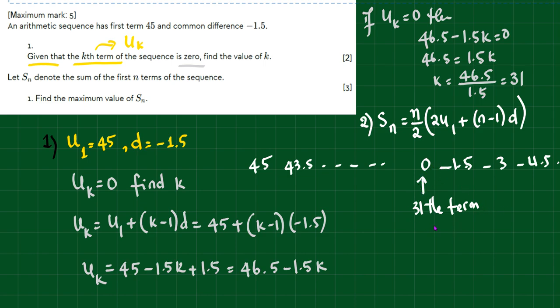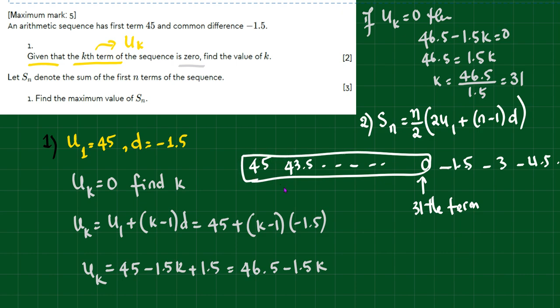Imagine they want the maximum value of Sn. What is the maximum value of Sn? The maximum value of Sn can be found if we find the sum of the first 31 terms.